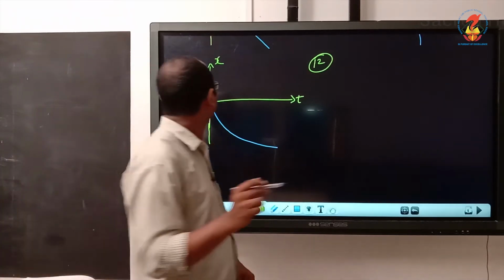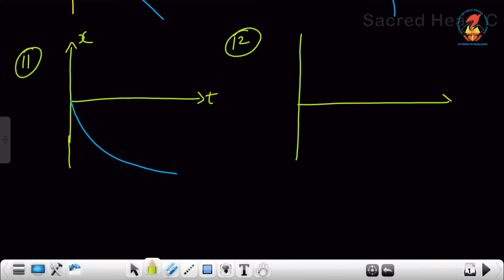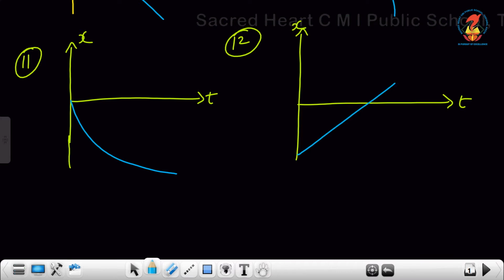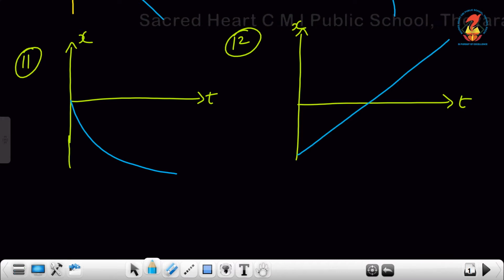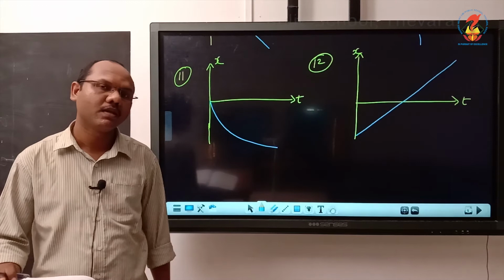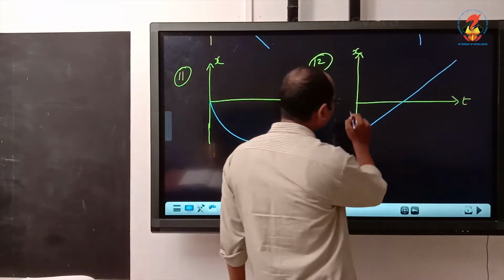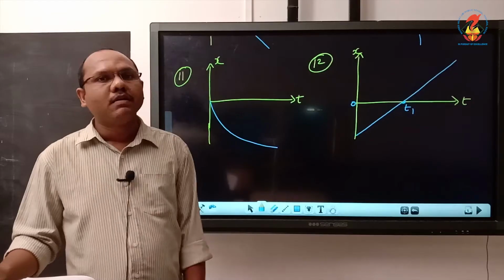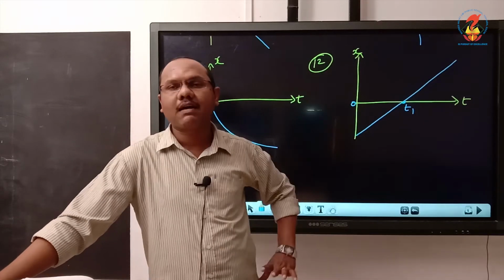Now 12. What does this mean? Look. Here the graph is uniform motion.